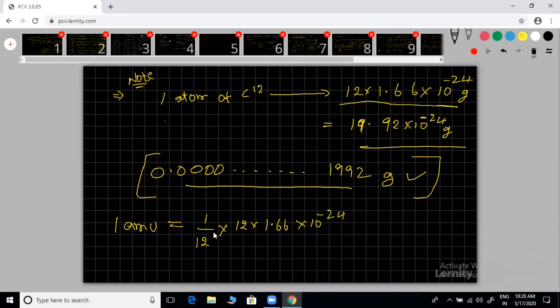Clear? So 12 will be cancelled. Then you will get 1.66 into 10 power minus 24 grams. So ultimately you find one AMU equal to 1.66 into 10 power minus 24 grams.